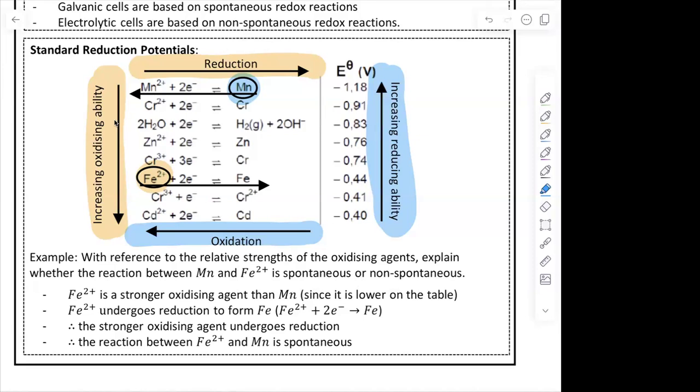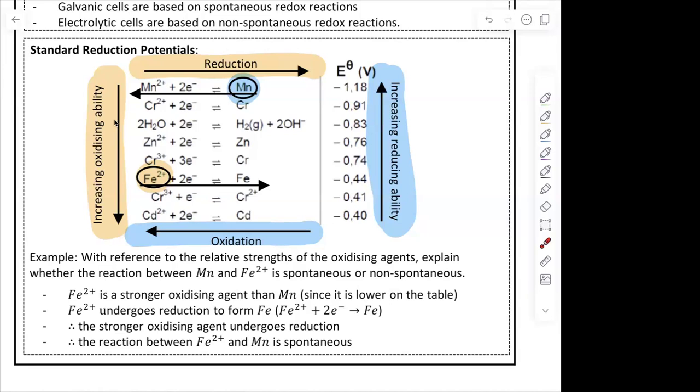You can also look at this from the other side. I'm going to look at manganese up at the top, and I can say, okay, here's my manganese over there. Manganese has a greater reducing ability than iron 2+, right? So when manganese has a stronger reducing ability, it means it's more likely to undergo oxidation, because it's going to help something else get reduced.